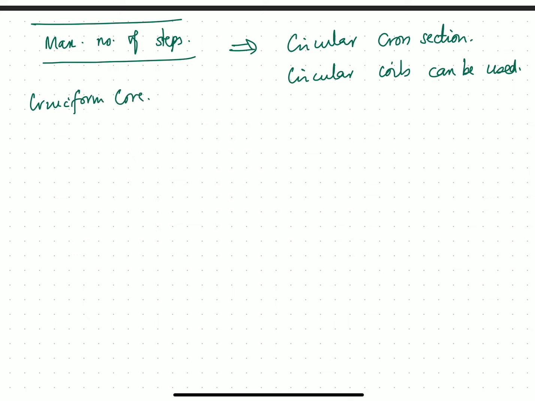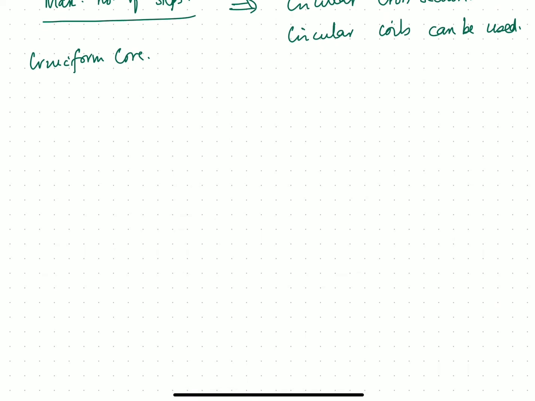So in general, the core can be of three major types.